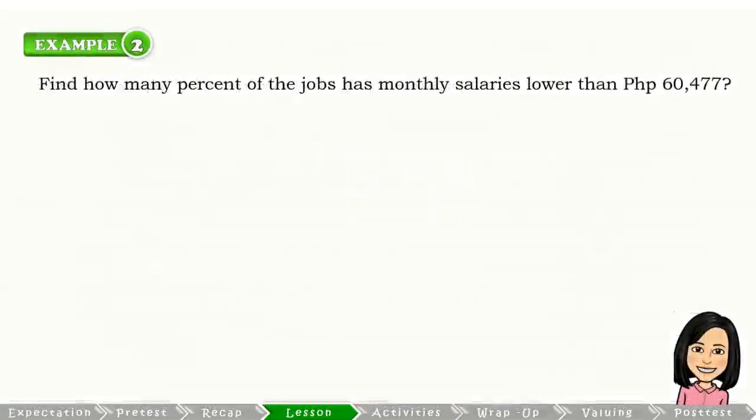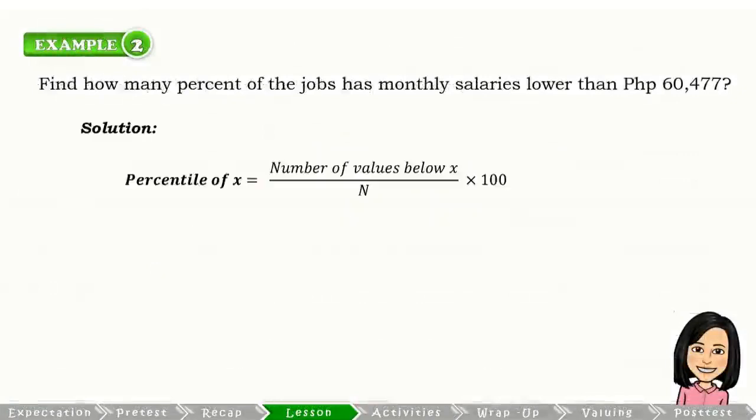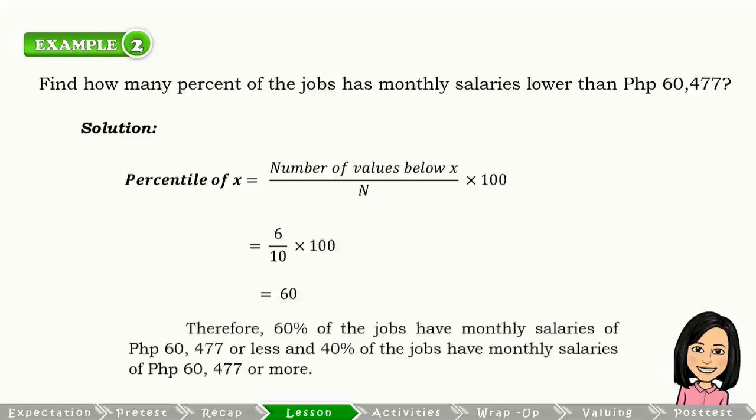Substituting the given values into the formula, we now have 6 divided by 10 times 100, and it will give us 60. Therefore, 60% of the jobs have monthly salaries of 60,477 or less, and 40% of the jobs have monthly salaries of 60,477 pesos or more.